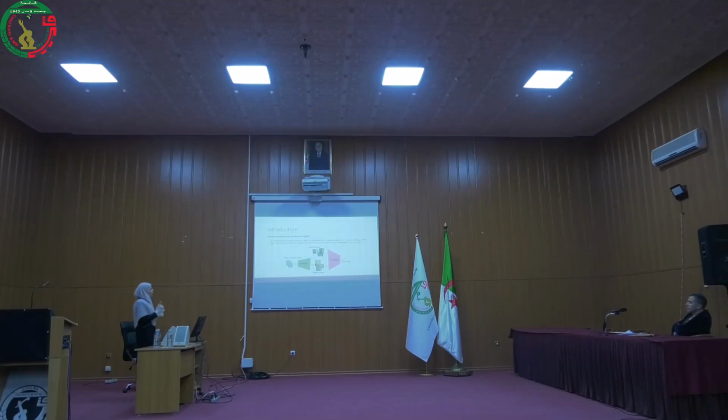Now, a generative adversarial network is composed of two deep neural networks, the generator and the discriminator. The generator tries to generate a realistic image from random noise, and on the other hand, the discriminator tries to classify whether the image comes from the real dataset or was generated by the generator.